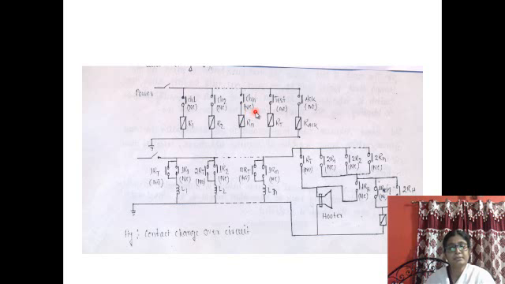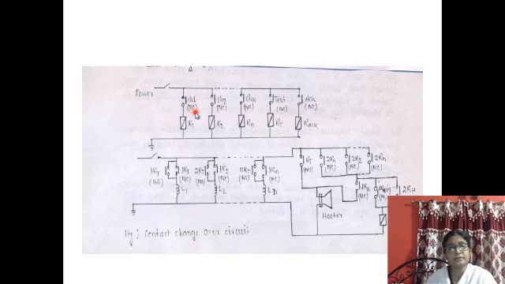Normally closed means that when the relay is in de-energized state, the contact remains closed, and normally open means that at de-energized state the contact remains open. That is the significance of normally closed and normally open type contacts.